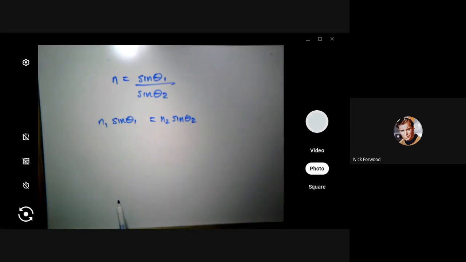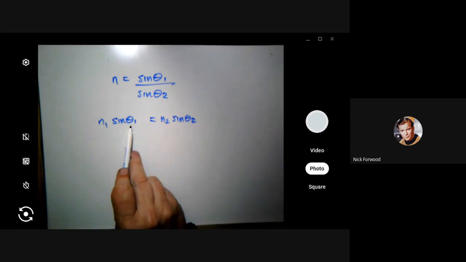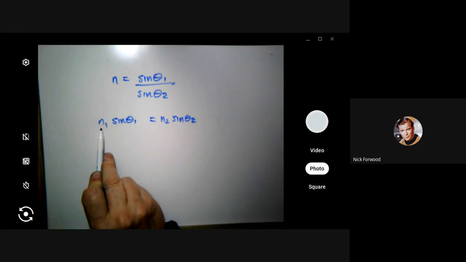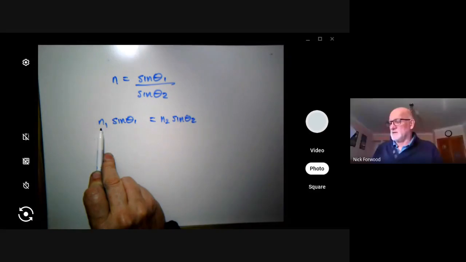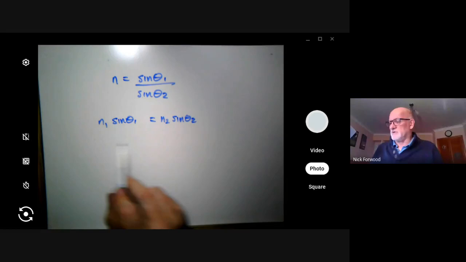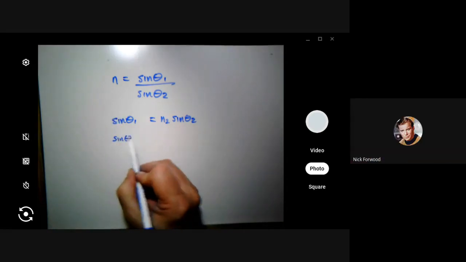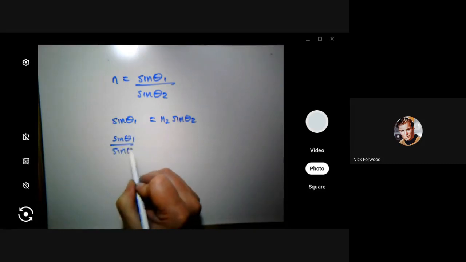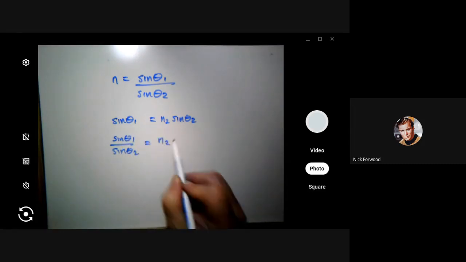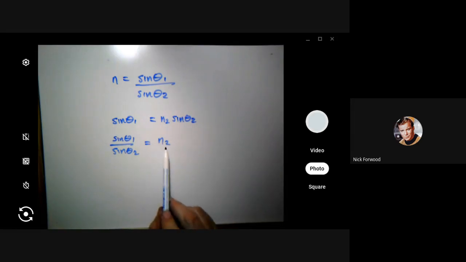If this was air and glass, then theta 1 would be the angle in air, and n1 would be the refractive index of air, which is simply 1. So you can get rid of the n1, and you go back to sine theta 1 divided by sine theta 2 equals n2, which is the refractive index of the material.